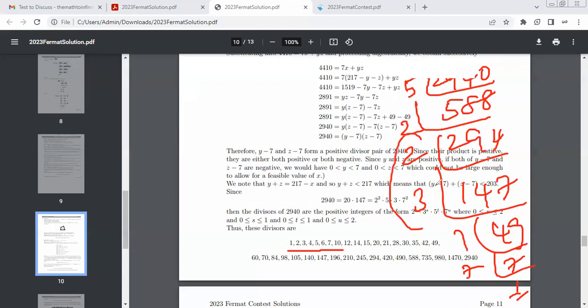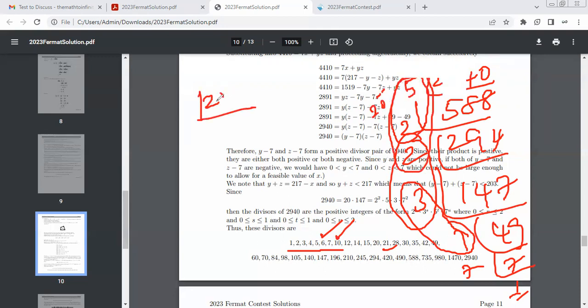I do have to consider the product of 2 and 3, the product of factors. 3 times 2 is 6, so I have to include that as well. And 7 into 3 would give me 21. And 5 into 2 would give me 10. And 10 into 2 would give me 20. Because I can divide 2940 by 20 also, right? 2940 divided by 20, and you do have 9, which means 4, 7. Is it clear, Shana? I can divide it by 20 also, right?